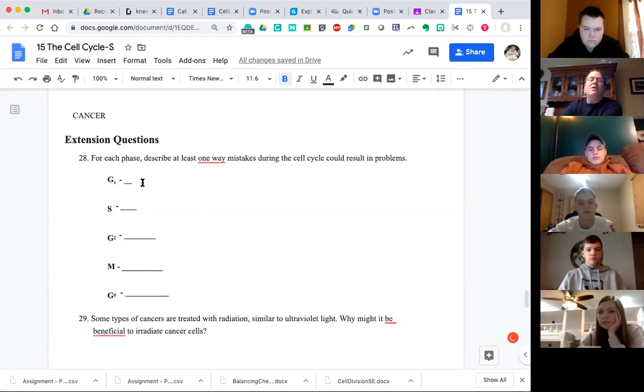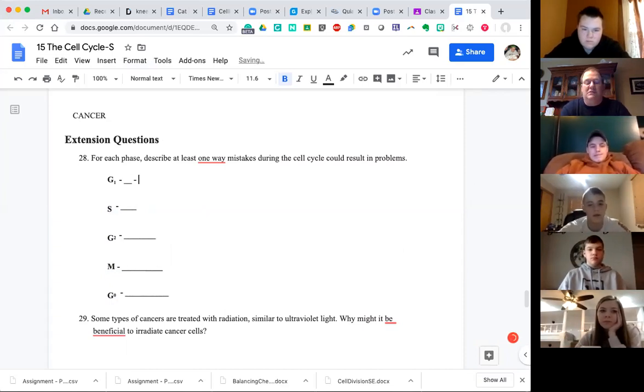G1. One-way mistakes during the cell cycle could result in problems. So G1. What could happen? The cell size doesn't increase. Okay.